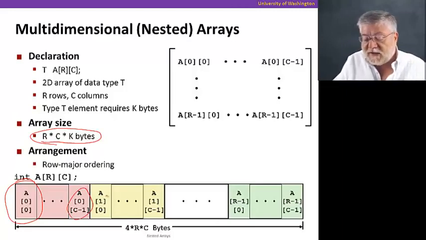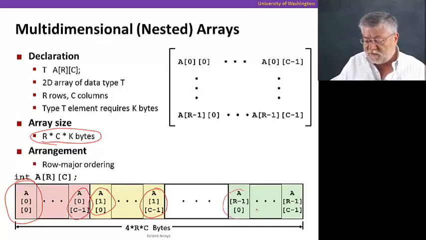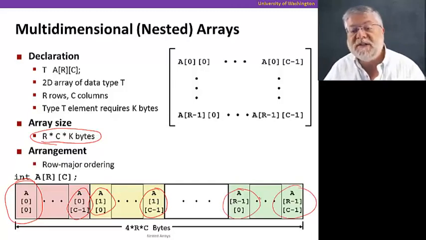Then we start the next row with starting index of [1][0], all the way to [1][C-1], and then we'll put the next row after that. Eventually, we'll have the last row represented by those indices.